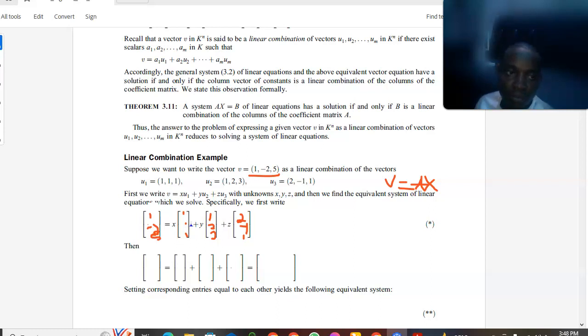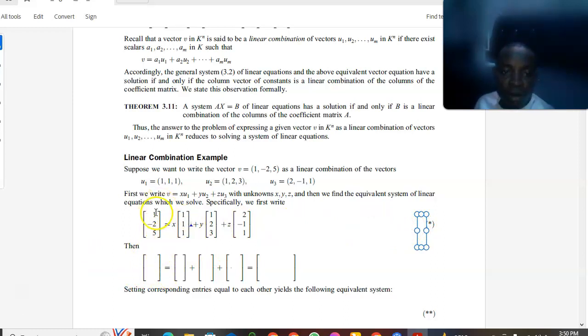So what I'm going to do now is take away everything and show you. So we have this vector written as a linear combination of these.